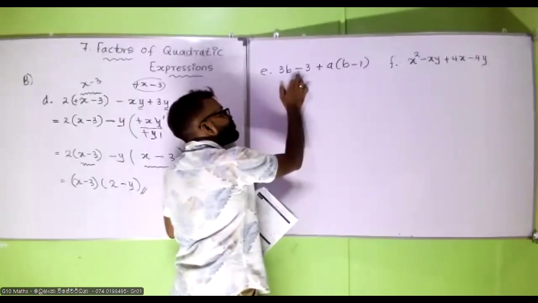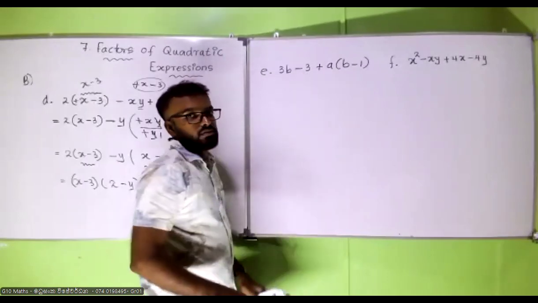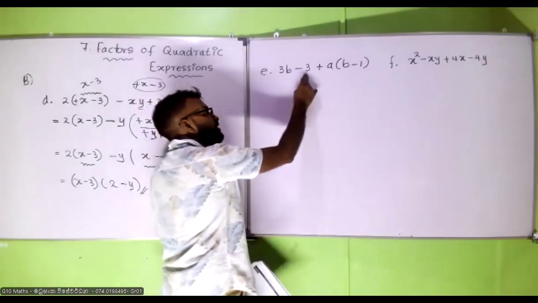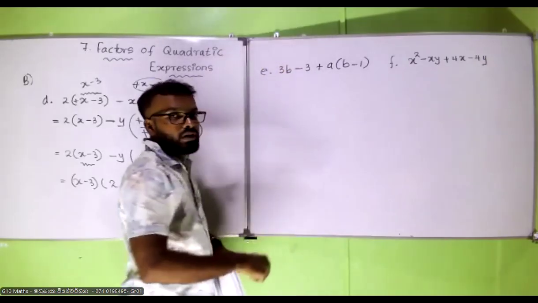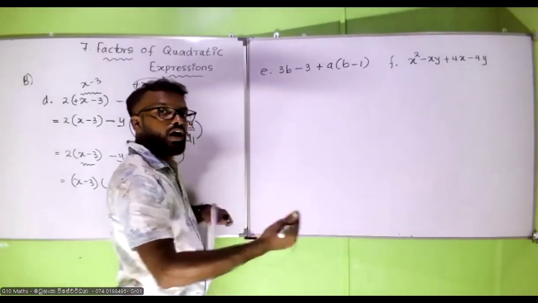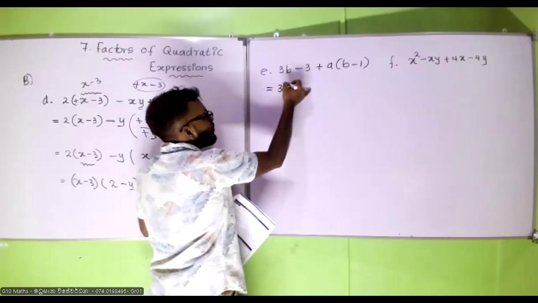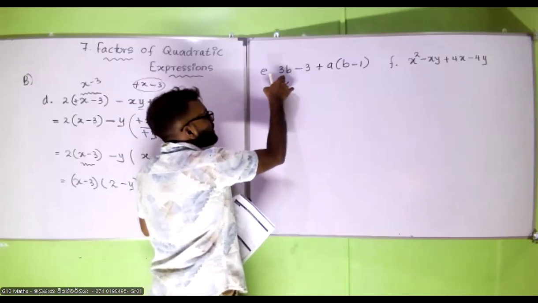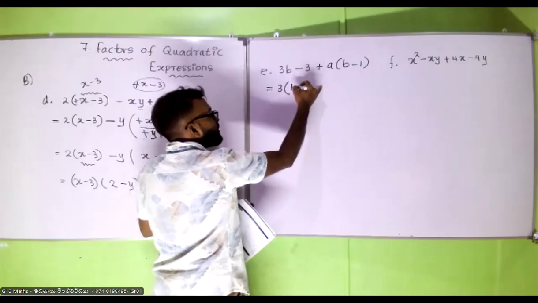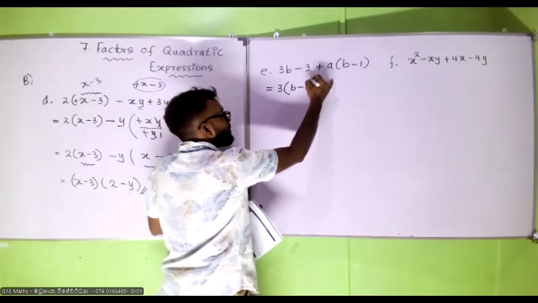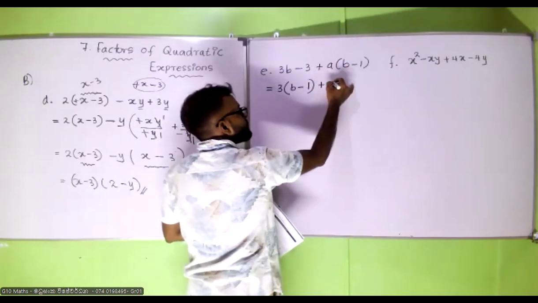How do I convert this 3 into 1? So take the common term positive 3 out of the bracket. If you take 3 out, the remaining term is b, minus, 1. Now b minus 1 is here and b minus 1 is also here.